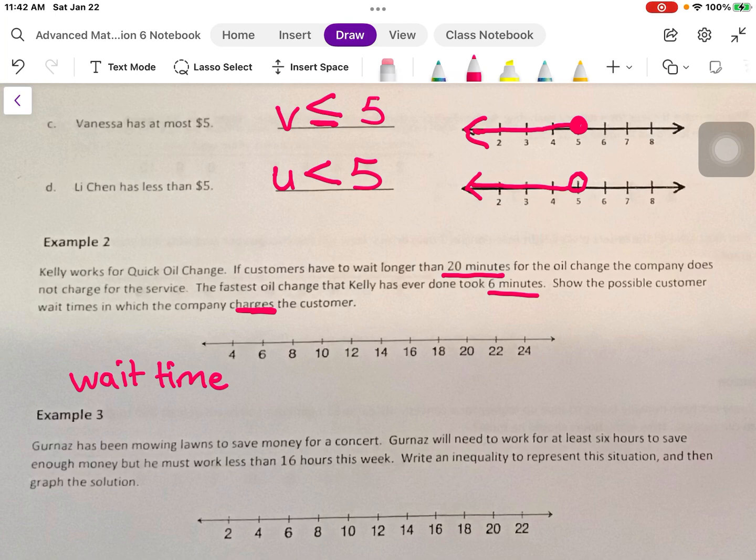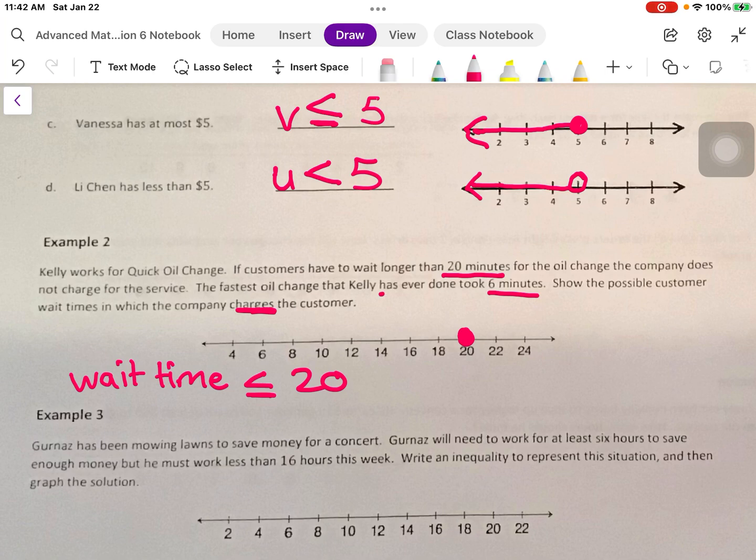Okay, so I know it's 20 minutes, so I know that it's going to have to be less than or equal to 20 minutes, okay? Because if it's 20 minutes, they still charge me, and if it's less, they charge me. So on 20, I'm going to put a filled in circle, and I'm going to draw my arrow.